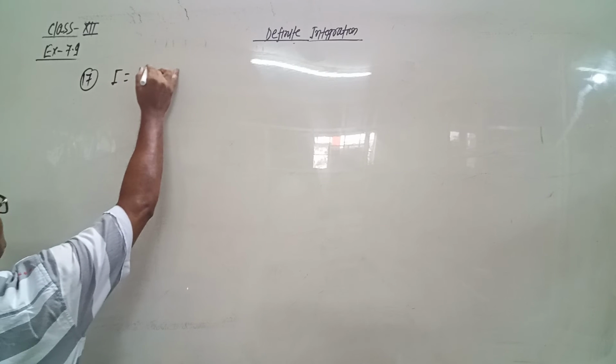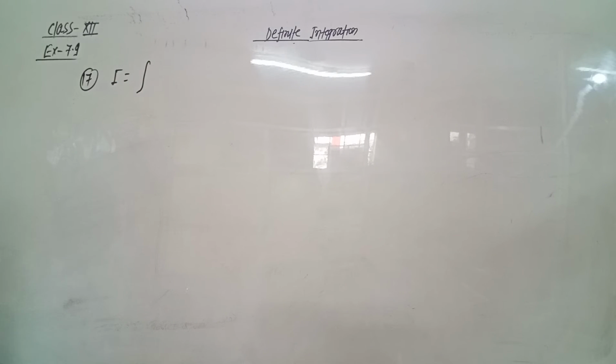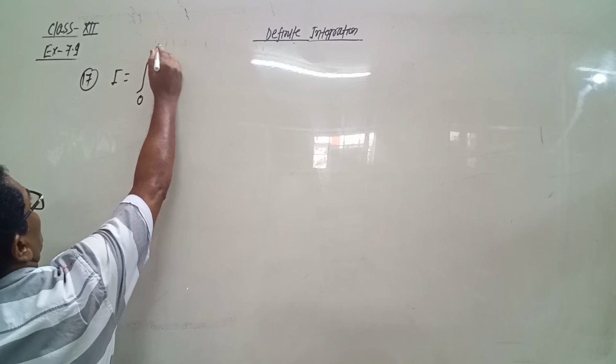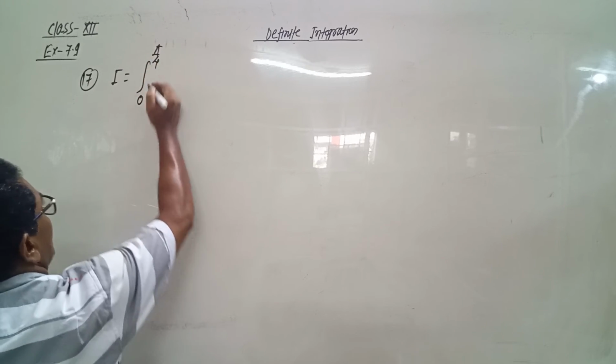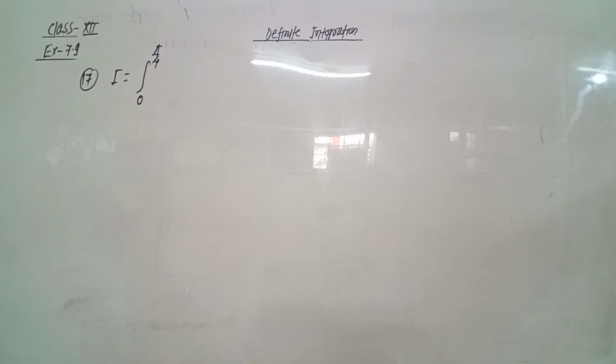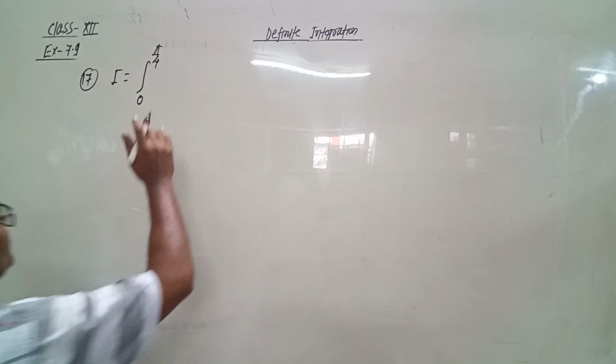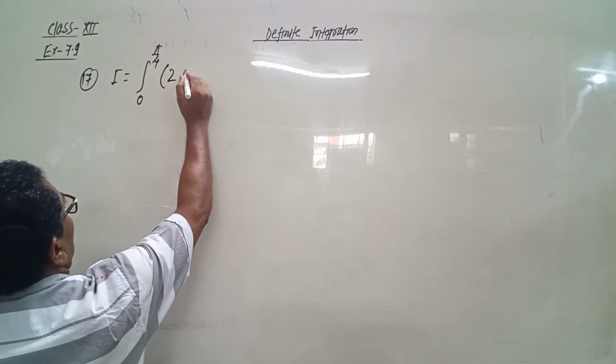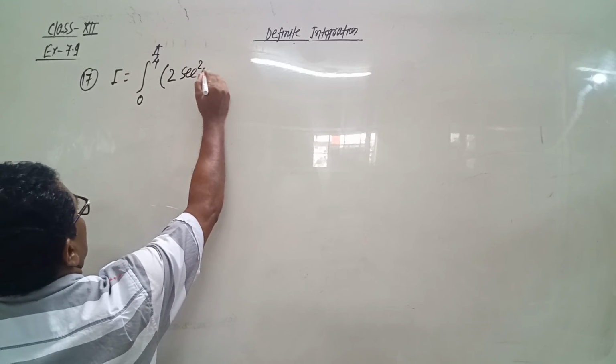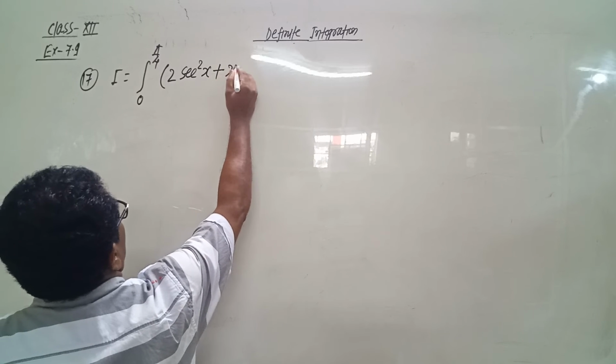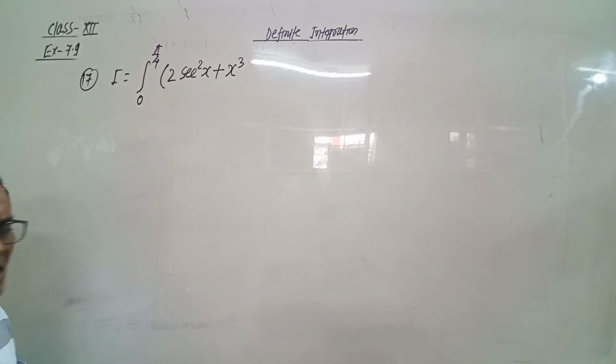I equals integration 0 to pi by 4 of 2 sec square x plus x cube plus 2 dx.